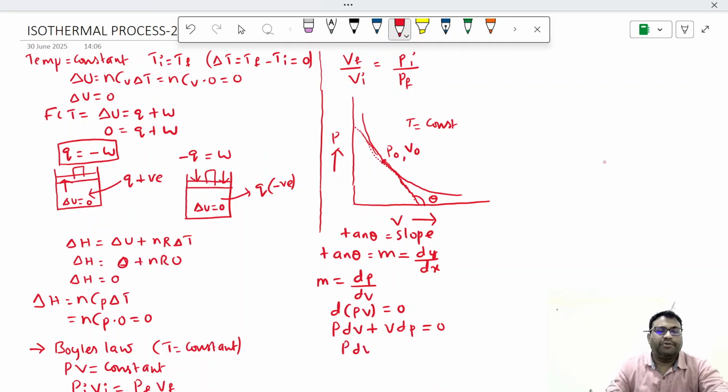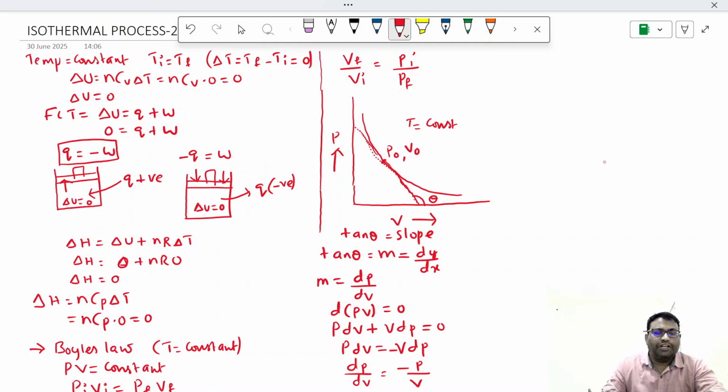Then P into dV is equal to minus V into dP. So dP by dV is equal to minus P by V.